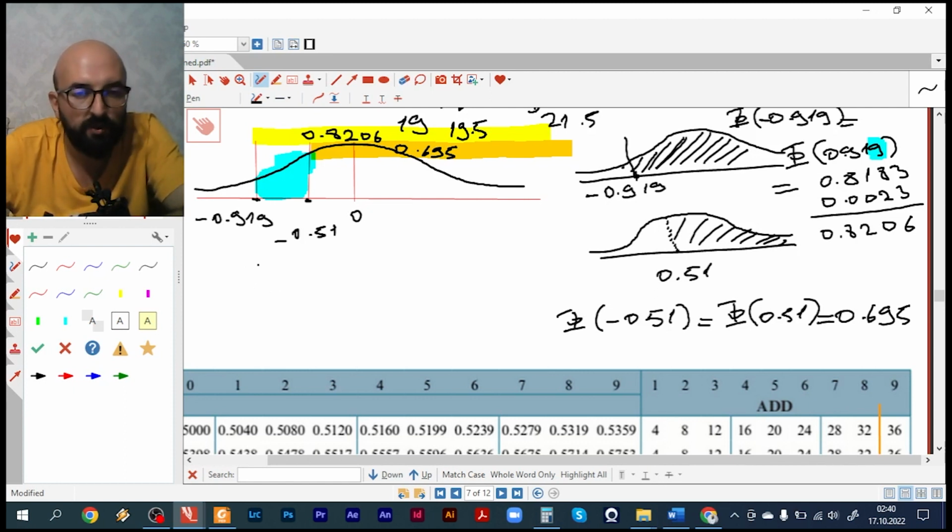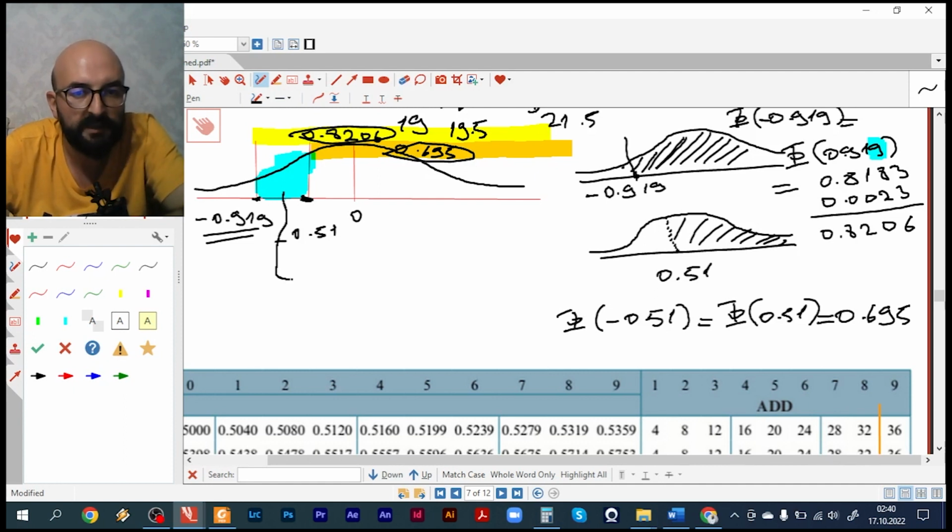If you take this area minus this area, you can figure out the area between these points.